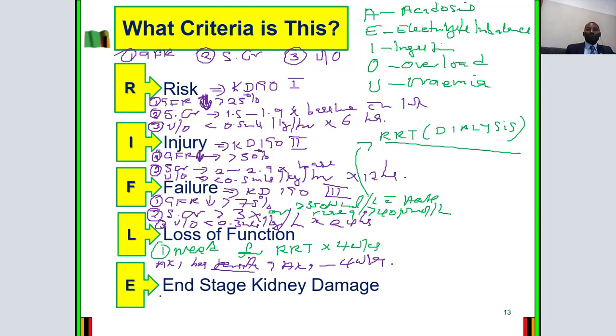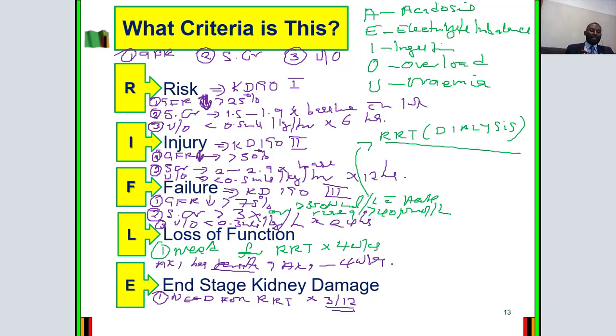When it comes to end stage kidney disease or damage, what does that simply mean? It simply means that there is need for renal replacement therapy for 3 months.